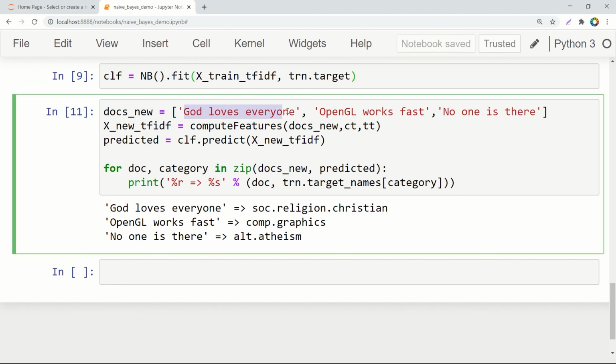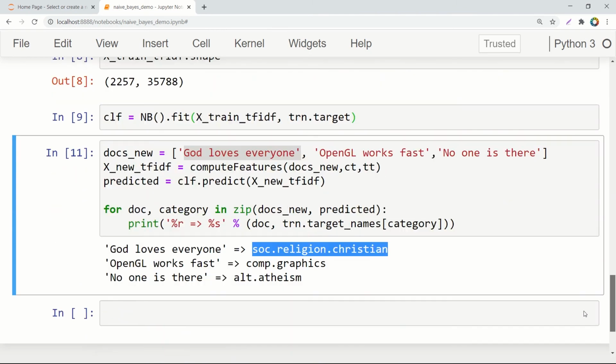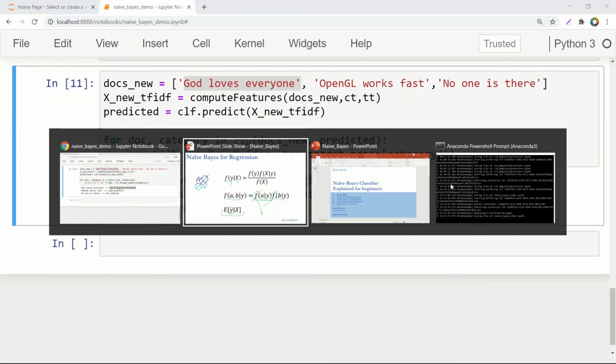So for God loves everyone, the topic turned out to be religion as compared to atheism. So that was a quick walkthrough of naive Bayes, particularly Gaussian naive Bayes, in scikit-learn for topic identification.